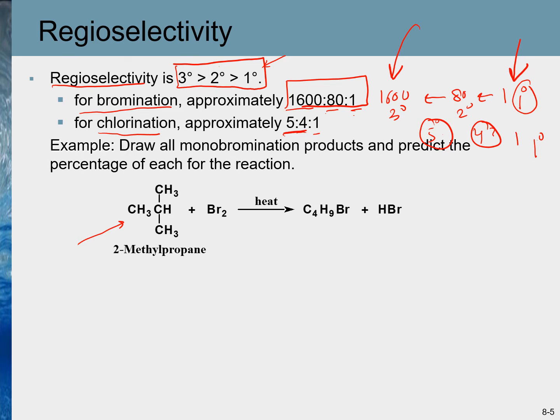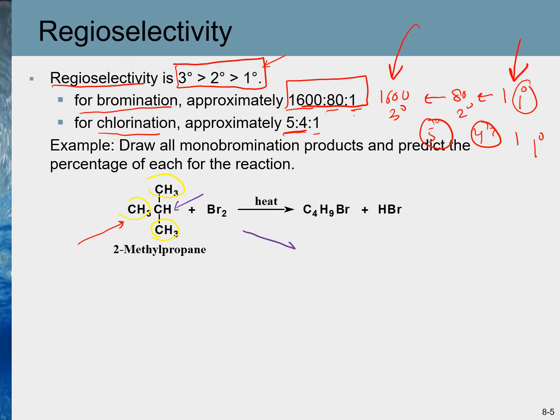That is because all methyl groups are equivalent, so they are all going to give us a primary alkyl halide, and the remaining CH, the replacement of this one, will give us a tertiary. So only two products are possible.